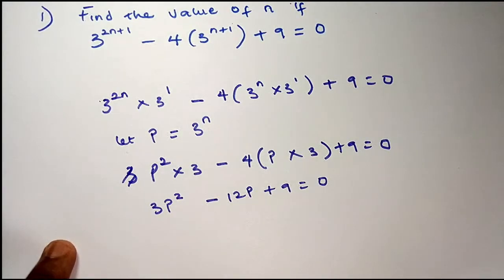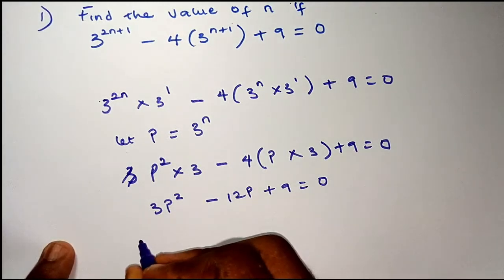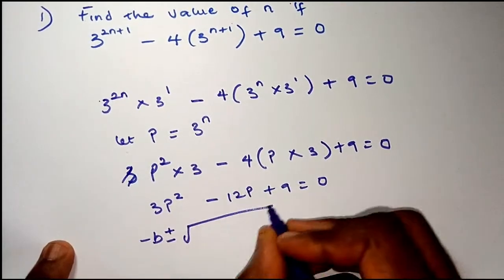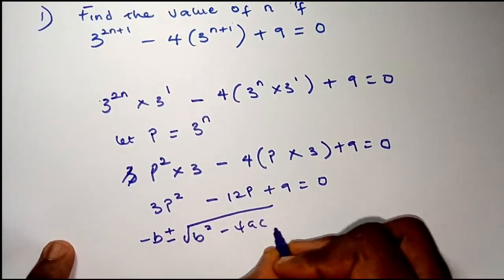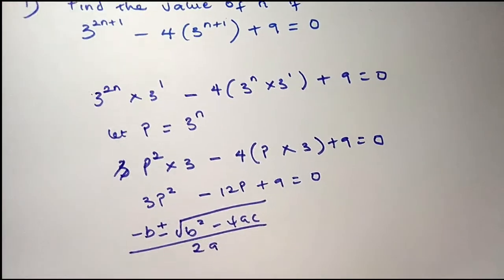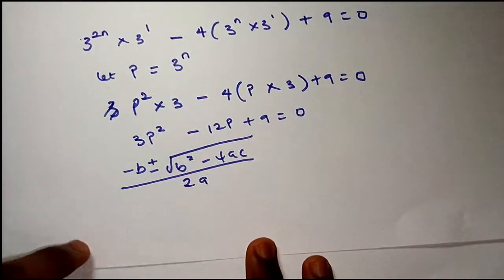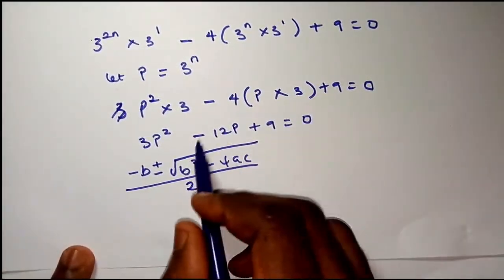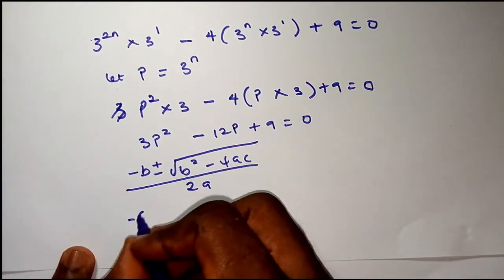So the next step is for us to solve this quadratic expression. Sometimes you may decide to divide through by 3, sometimes you may not, but I want to use the quadratic formula to solve this. So we'll be having, if I use minus b plus or minus the square root of b squared minus 4ac, over 2a, and this is the value for b, so we have minus bracket minus 12.